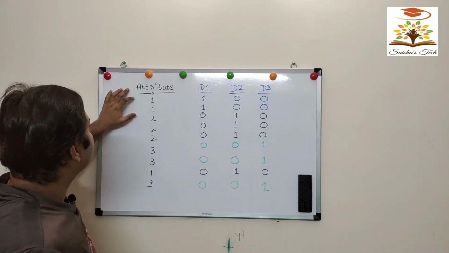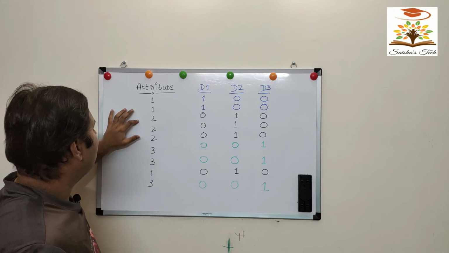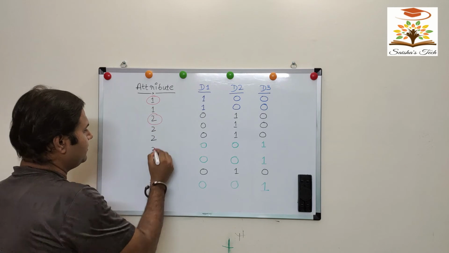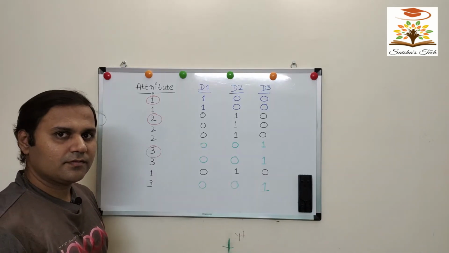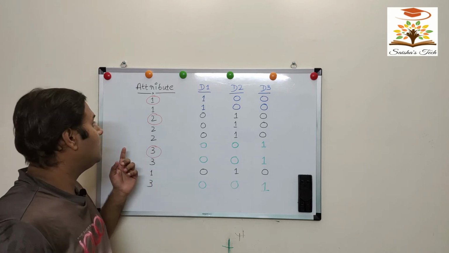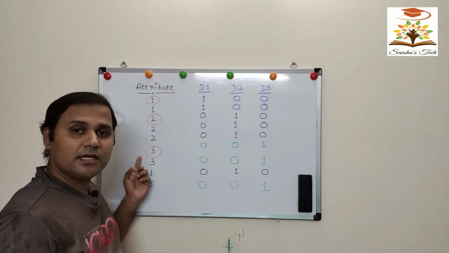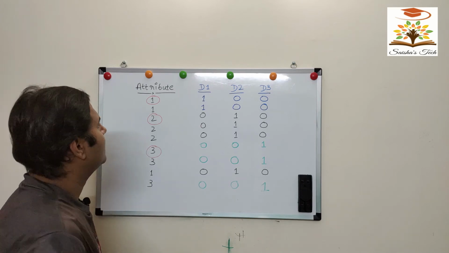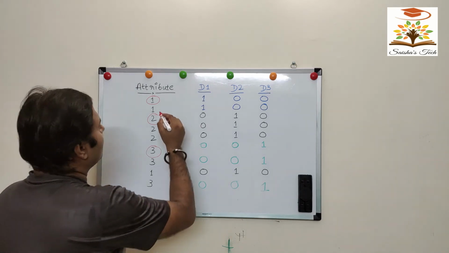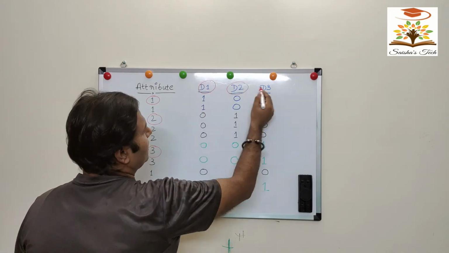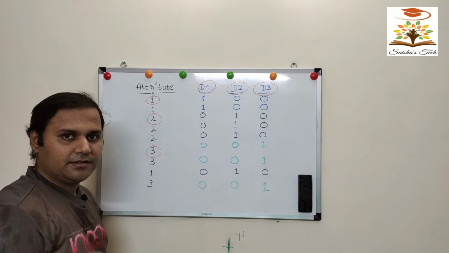Here we have a categorical attribute which has 3 levels: 1, 2 and 3. The number of dummy variables which are created are equal to the number of unique levels present in a categorical attribute. Here D1 represents 1, D2 represents 2, D3 represents 3, third level.